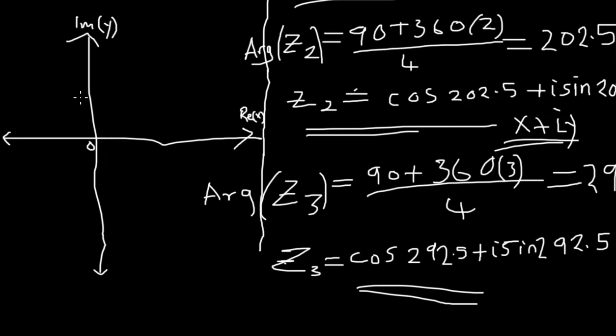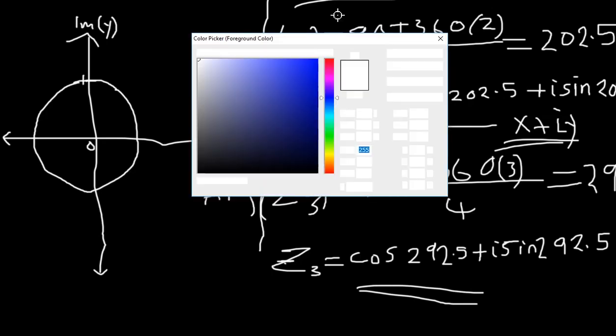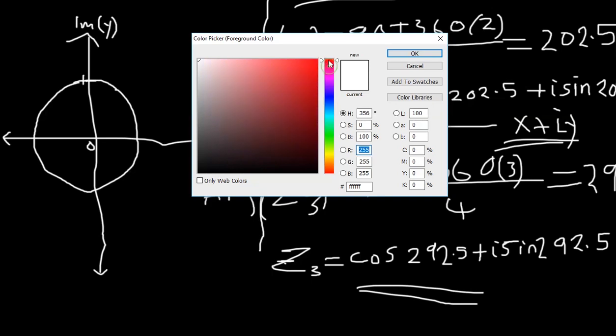So I'm going to draw a circle of magnitude 1, of radius 1.